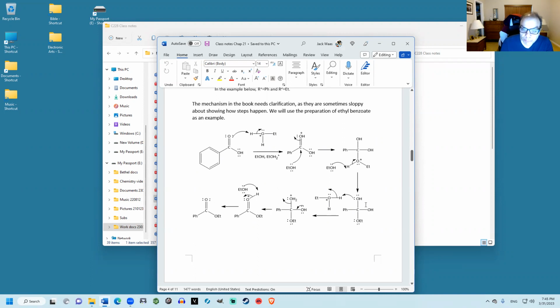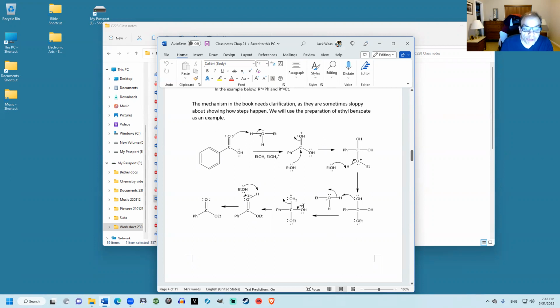The next step is to protonate either of these two OH oxygens. It doesn't matter which, they're the same. And we use, again, the conjugate acid of the given alcohol in order to do that. That gives us this intermediate, and now this is ready to lose water. This is the whole point of the reaction, to lose water in order to make an ester.